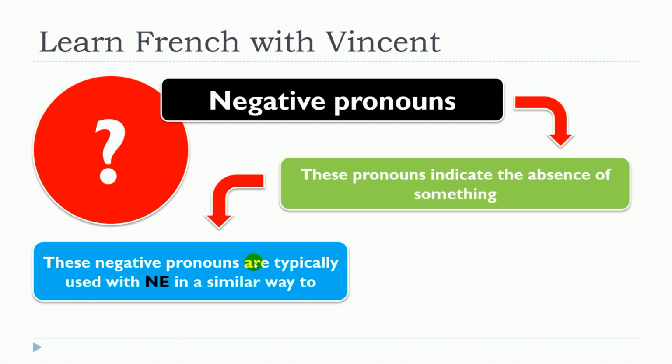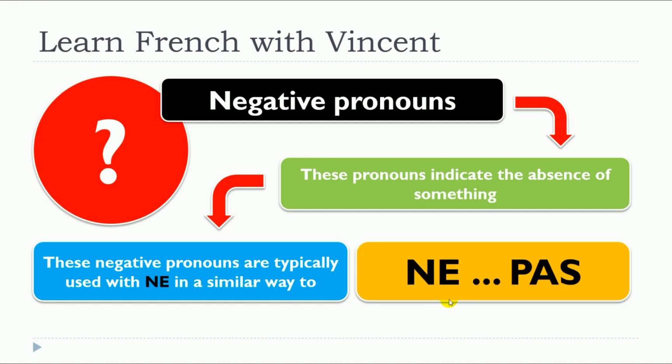These negative pronouns are typically used with ne in a similar way to ne pas. So remember, this is the negative form, ne pas. So it means that instead of pas, we will use the negative pronouns. So we will have ne and then your negative pronoun here.